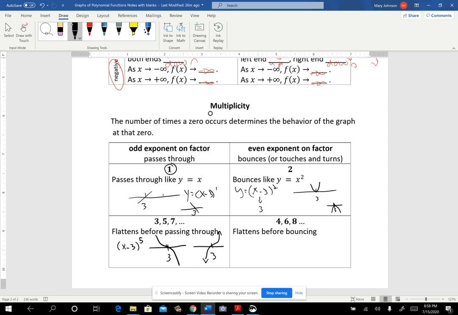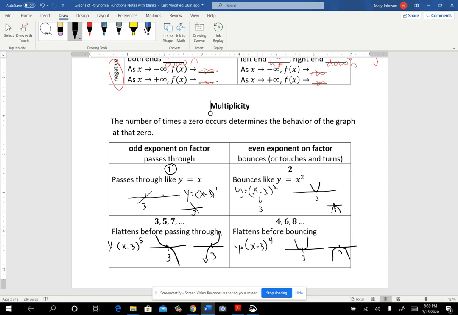All right, and then exponents of 4, 6, or 8, you really can't see the difference between those and each other unless you have them on the same graph. If you were coming up to an x-intercept at 3 with a 4 on the factor, you would just be a little flatter than you would be with x squared. It might be from above or from below, but it would flatten more than it does here.